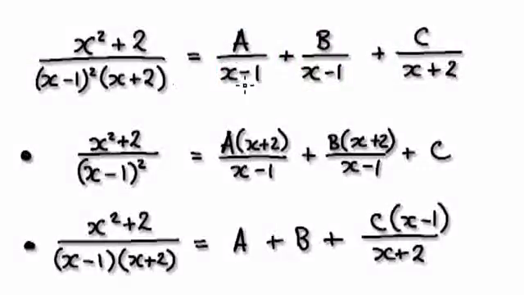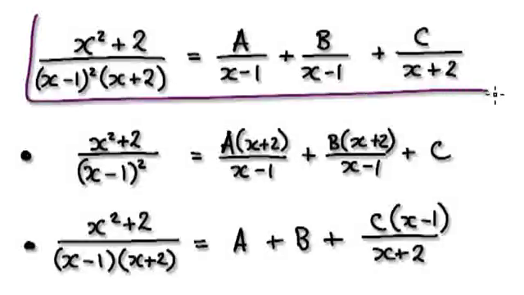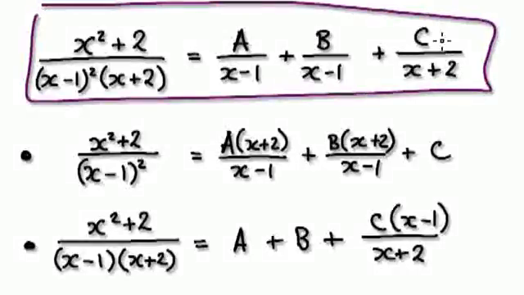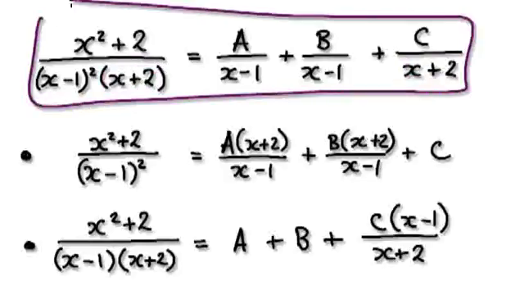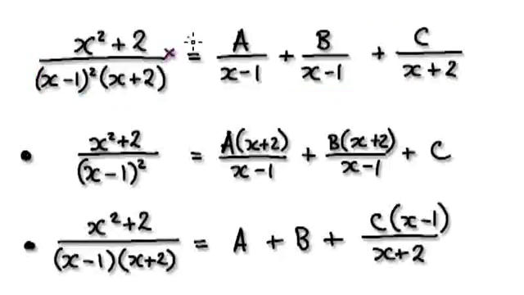So if you try and do it this way, we want to try and work out C first. So we would times everything by this bubble here, so times everything by x plus 2. So this thing times by x plus 2, and this thing here times by x plus 2, and this thing here times by x plus 2, and this thing here times by x plus 2.